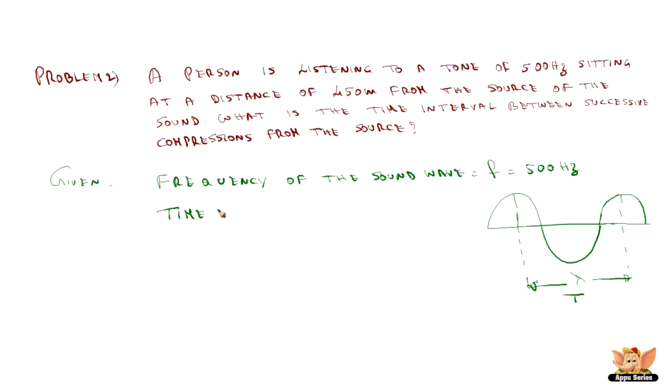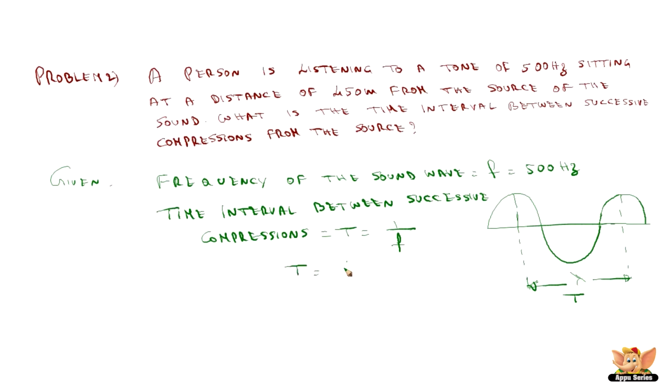So the time interval between successive compressions T is equal to 1 by f. We know the relation between the frequency and time period. Hence T becomes 1 by 500, which is 0.002 seconds, which can be written as 2 milliseconds. So the time period in this case is 2 milliseconds.